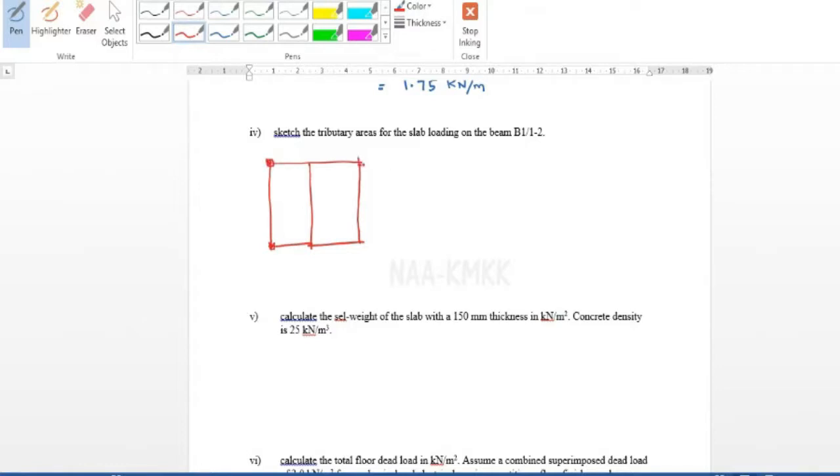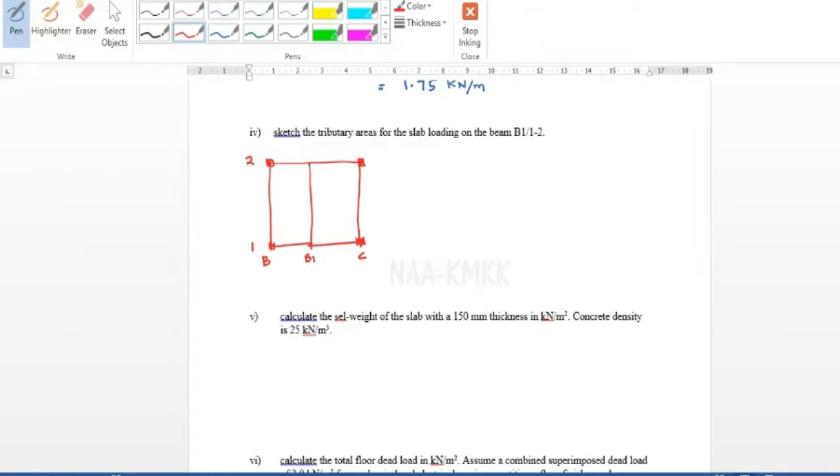Okay, let's do it together, guys. This one we have B, B1, C, 1 and 2. So sketch the 3 by 3 area for the slab loading.